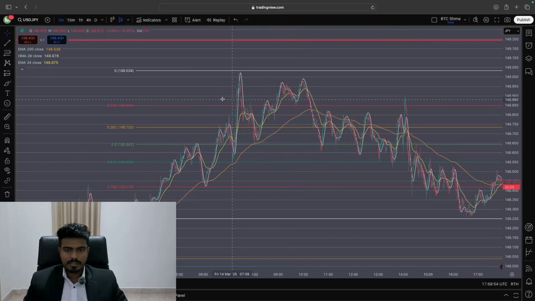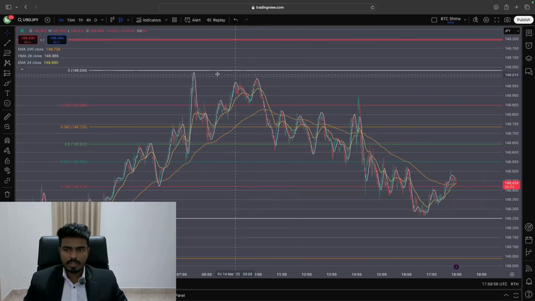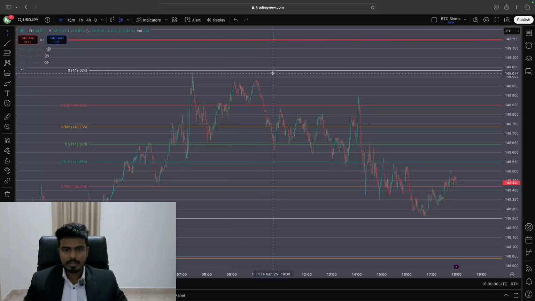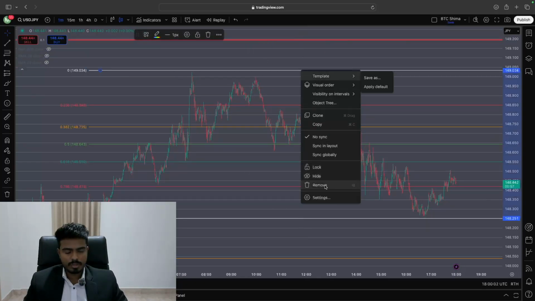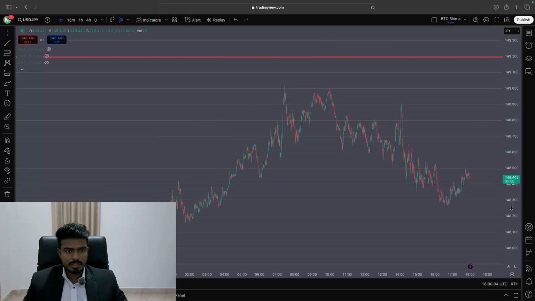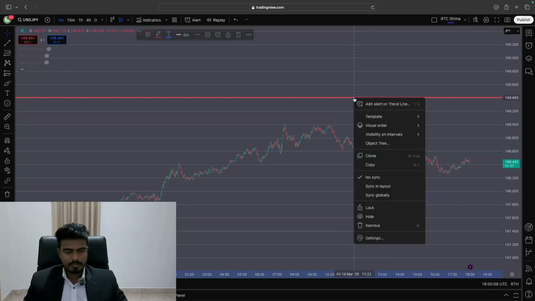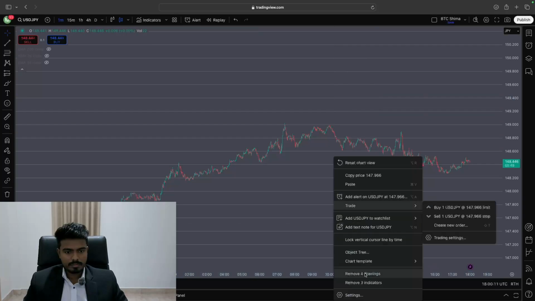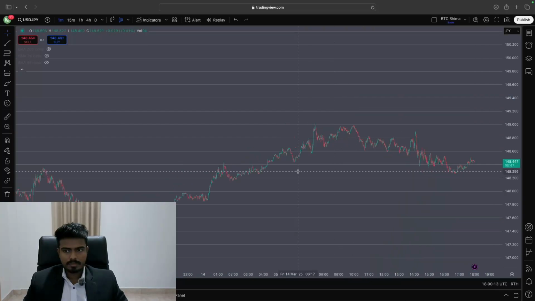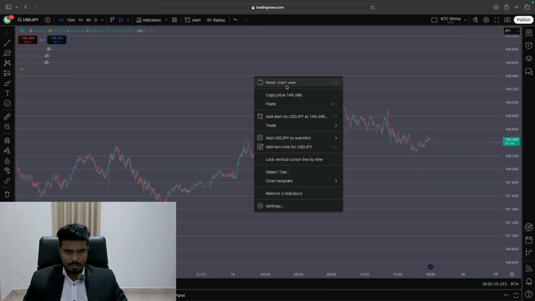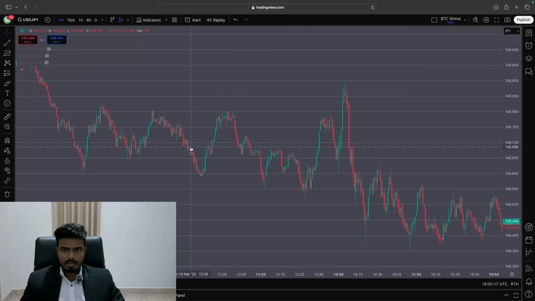As you can see this chart, I removed all those indicators for you to explain. So here no indicators, that's only charts.